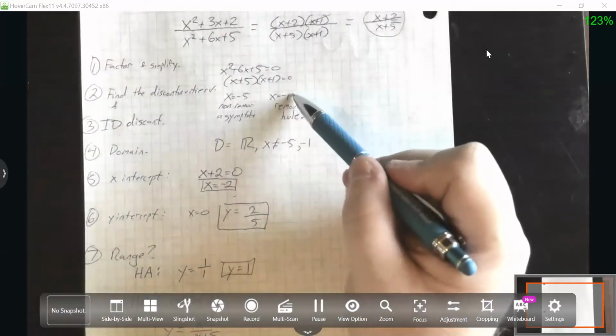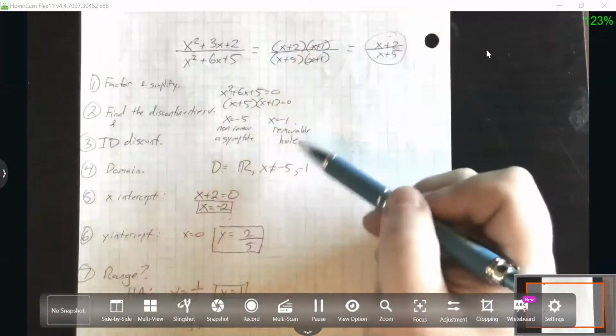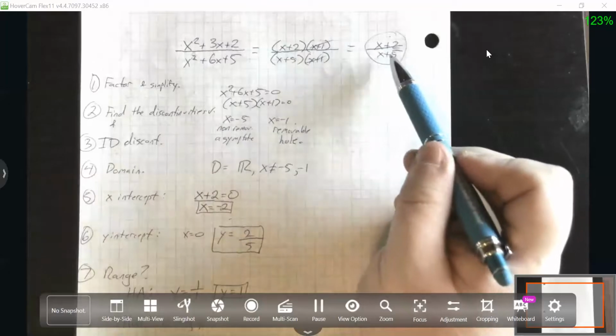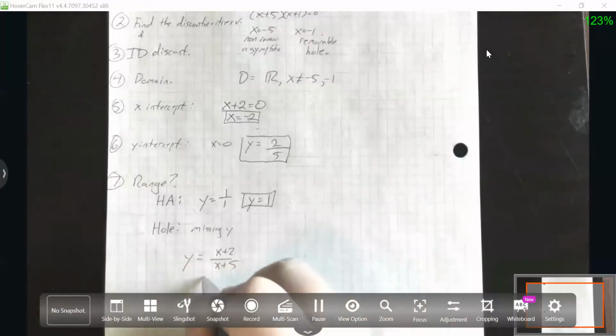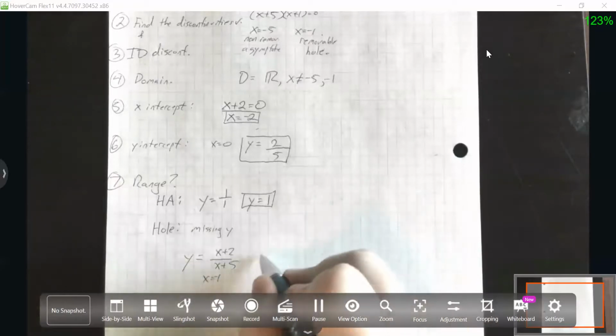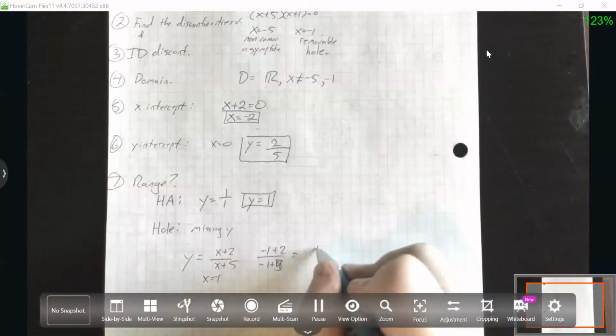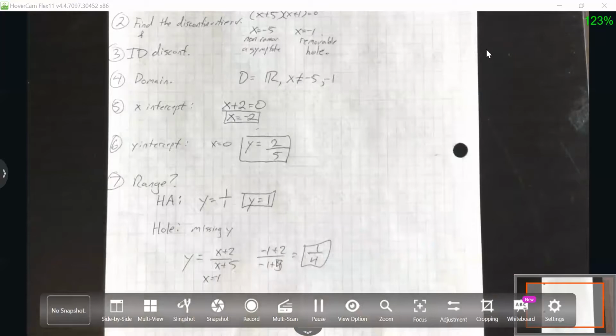So we know there's a hole at -1, but we've canceled that out as we simplified. So I'm going to plug x equals -1 into our simplified equation in order to find out what that hole's y value should have been. If I plug in x equals -1, that gives me -1 plus 2 over -1 plus 5, which gives me 1 over 4. This is the missing y value that should be part of that hole.